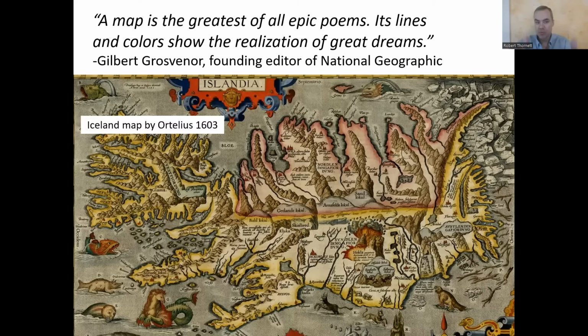Some of it's on target, some of it's a little bit off, perhaps, but this is the realization of great dreams. Think about people that had to make that voyage from mainland Europe up to Iceland, explore, chart what they found, bring it back, and then explain it to that cartographer who then could put it down.